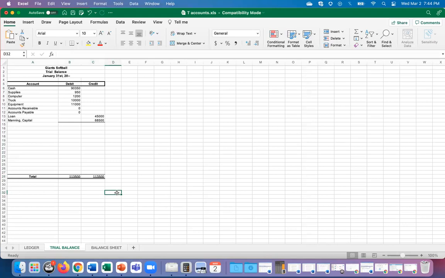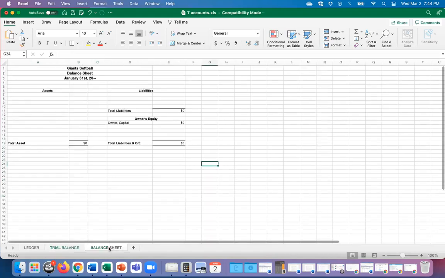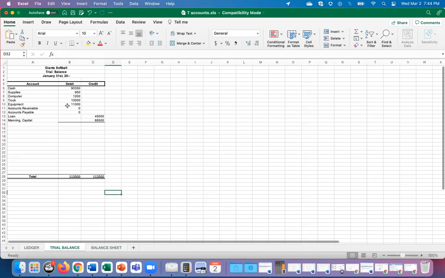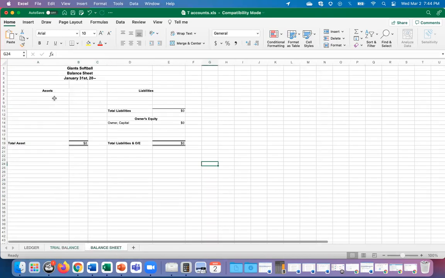And then the last thing to do, as I said, I'm not going to show you explicitly how to do the balance sheet, but you will make the balance sheet out of your new numbers from your trial balance. So now in your cash account, you have 90,350. So you'll load that over here. You'll write in cash like you've done before, and then you will write the number. On the balance sheet, there's nothing to worry about as far as debits and credits. Okay, so you don't have to worry about like picking a side to put it on or anything like that.